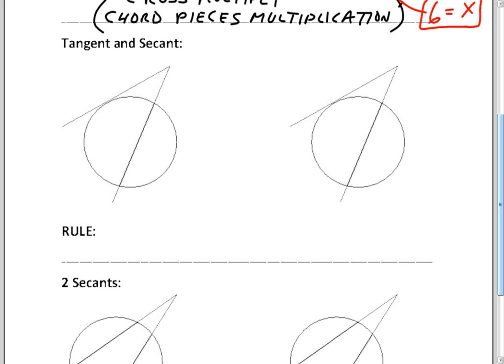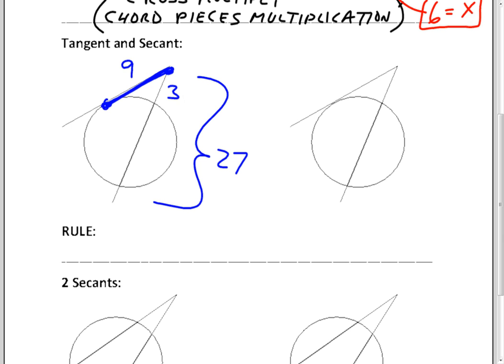If it's a tangent and a secant, and you've got distances, so let's put 9 here. That's this distance from this point to this point. And let's say that's 27, and we'll put a 3 here.